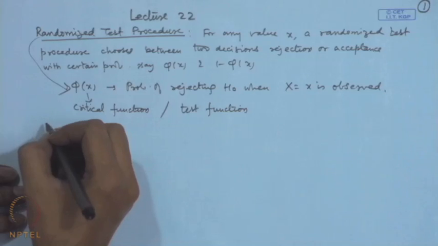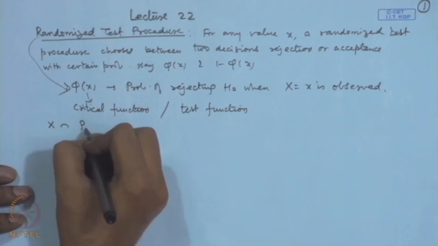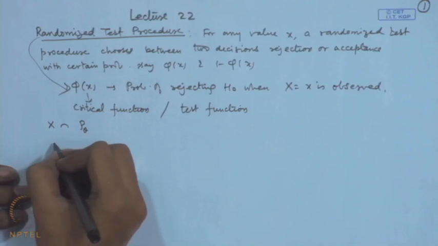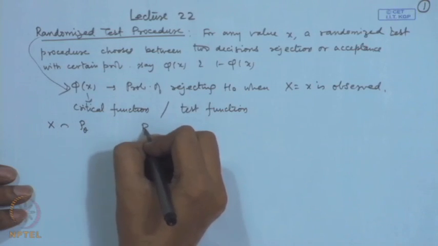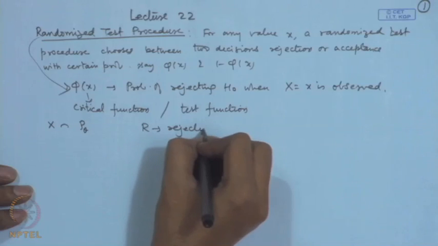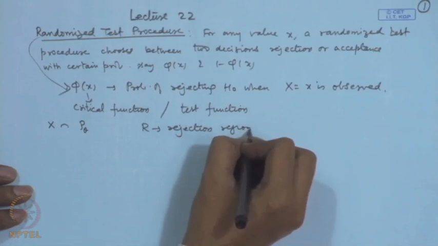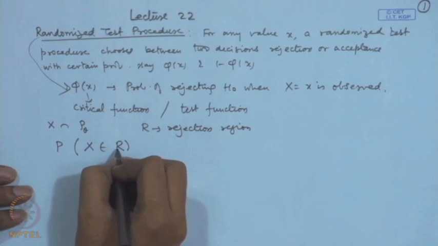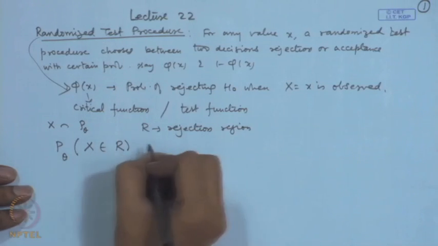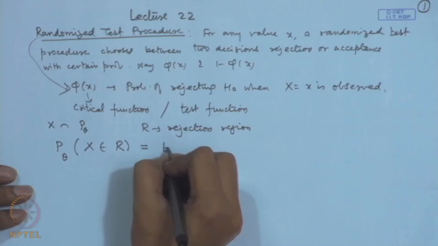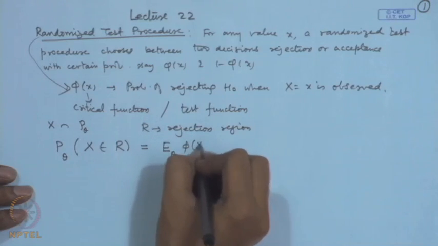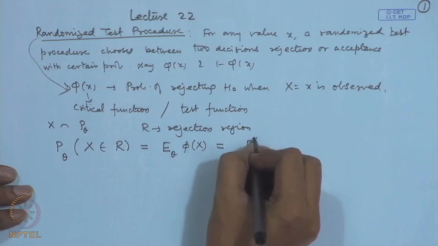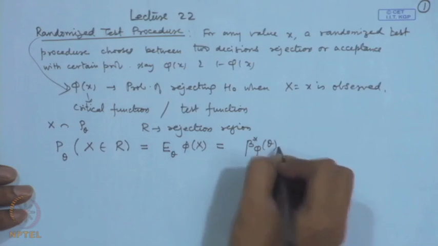So, let us say X follows P theta and say R is the rejection region. The probability of X belonging to R, that is the probability of rejecting H naught when theta is the true value, is actually the expectation of phi X, for which we use the notation beta star phi theta.